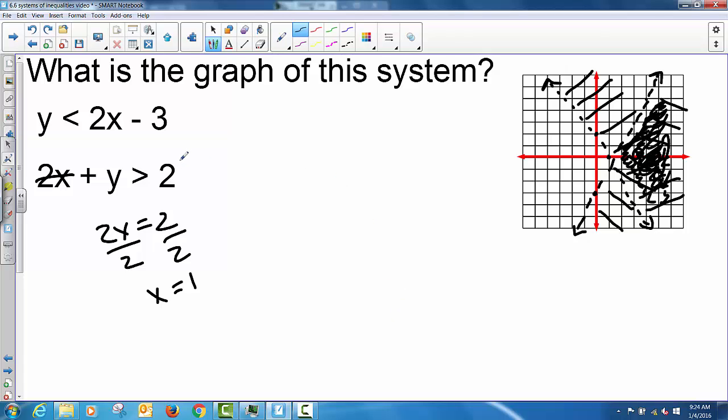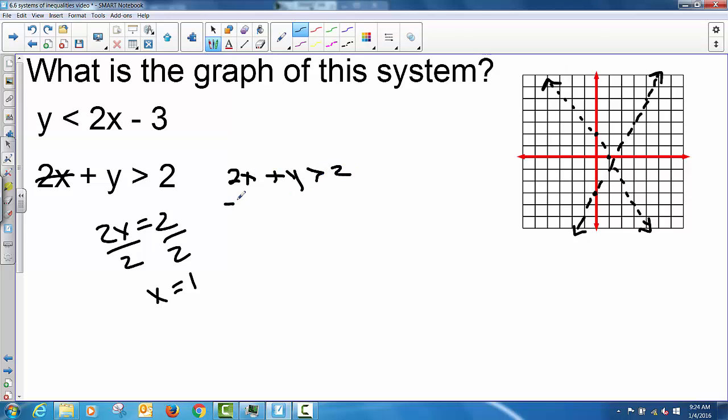All right, now let's go back over here and let's look at this one more time. Back up. Okay, so let's draw our line over here. Arrow, I mean. So if we had done this differently, it would have been 2x plus y is greater than 2.